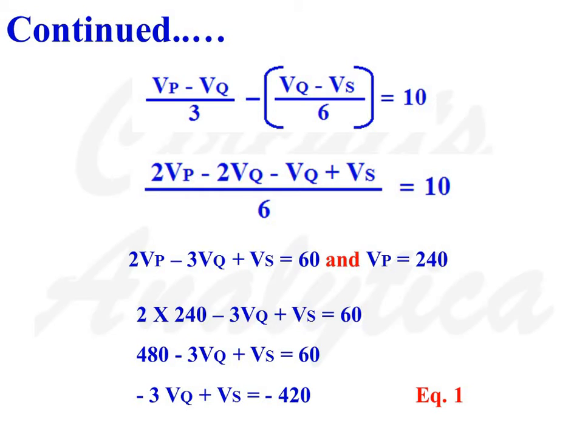Therefore, we will get minus 3Vq plus Vs is equal to minus 420. Equation number 1.